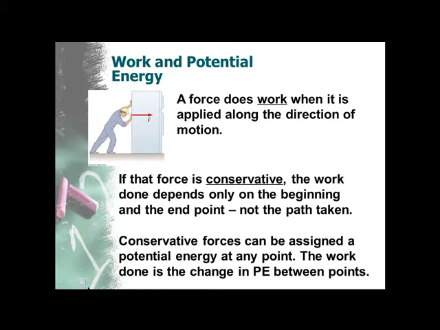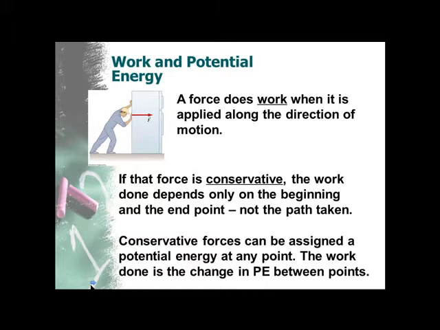And if I assign a potential energy of 0 to where it hits ground, then I can calculate the amount of work that gravity did on this ball by figuring out the potential energy here minus the potential energy there. And that gives me the amount of work that gravity did on the ball. So when it gets here, I can figure out how much its kinetic energy changed when the ball hits ground.